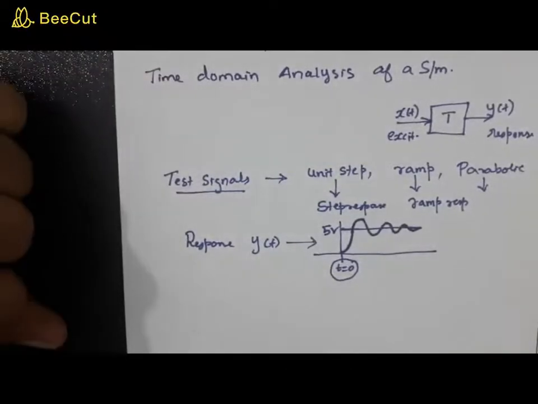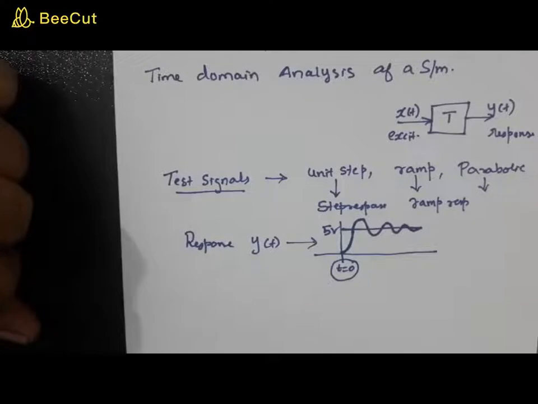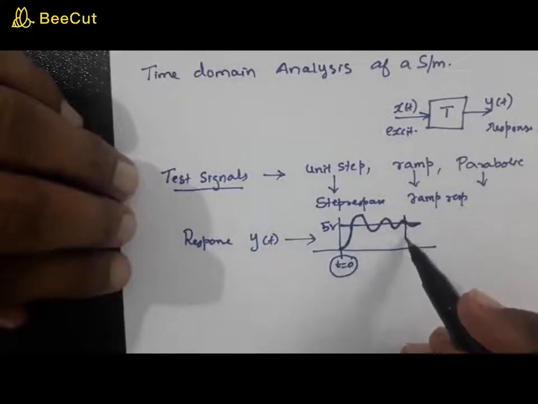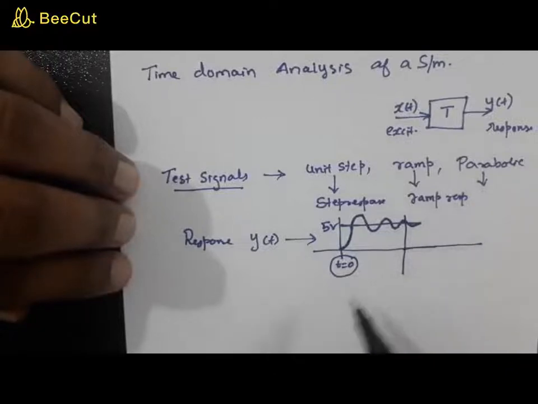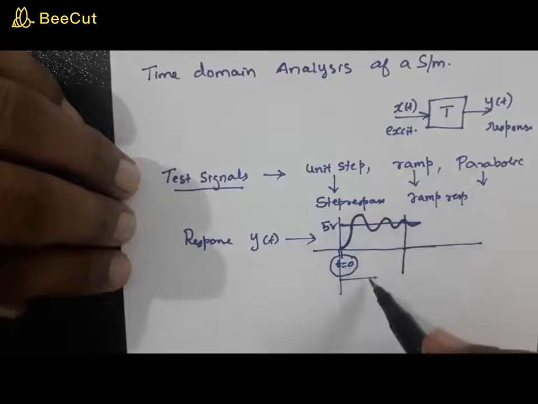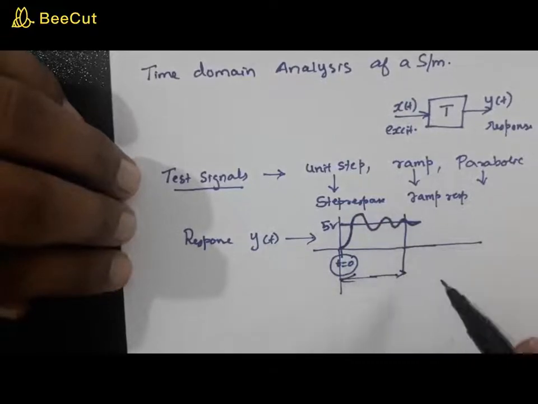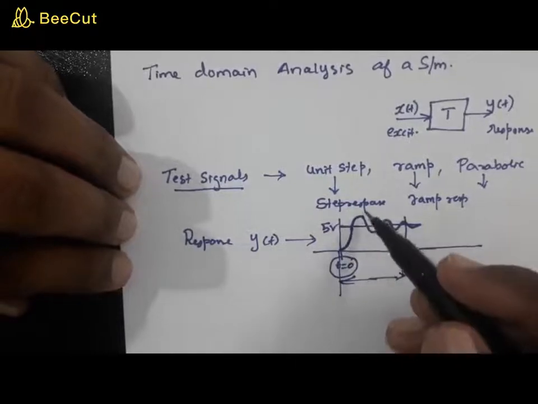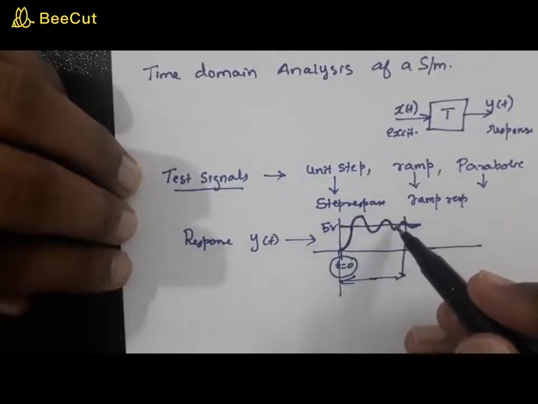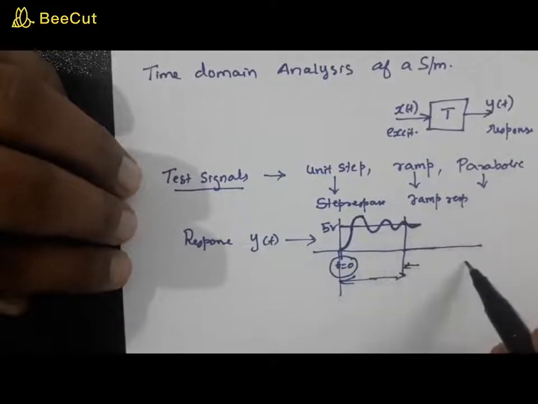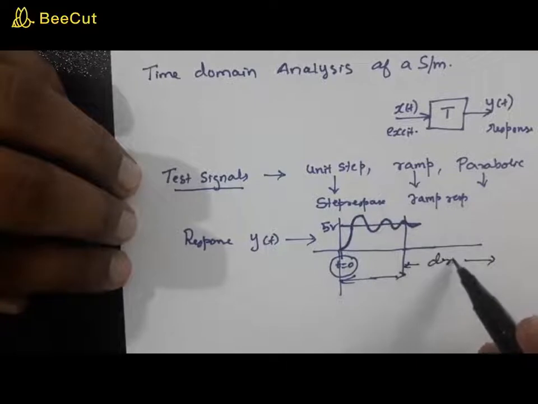Now the next thing that we need to understand is when you look at the response, you can see this response can be divided into two, right? So look at this part. You can't say that the system has settled to 5 volt because it is rising and oscillating, and after this time, more or less, you can say that the system has reached its desired value, right? That is the 5 volt.